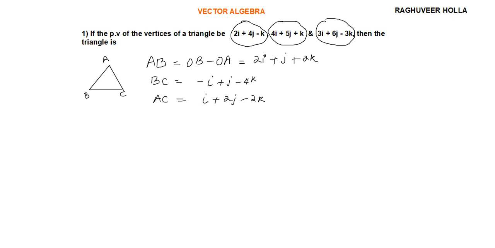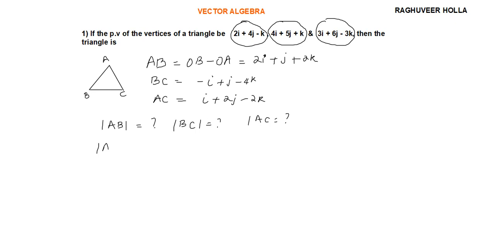So we get this. Now to find what type of triangle it is, we need to find the magnitude of AB, the magnitude of BC, and also the magnitude of AC. Let us find that.